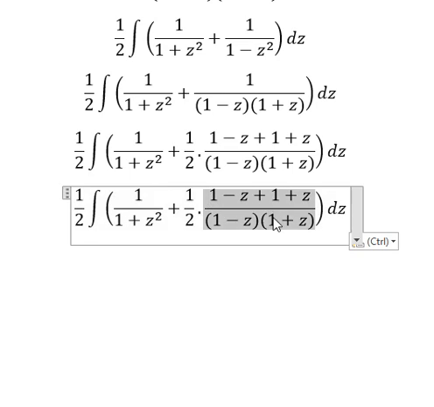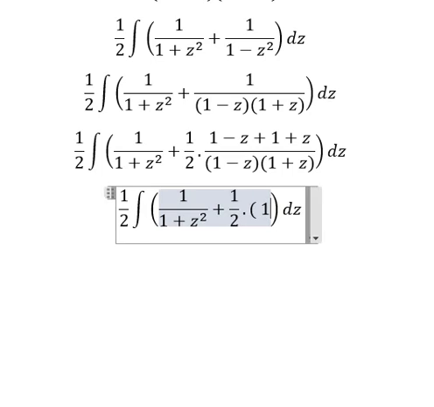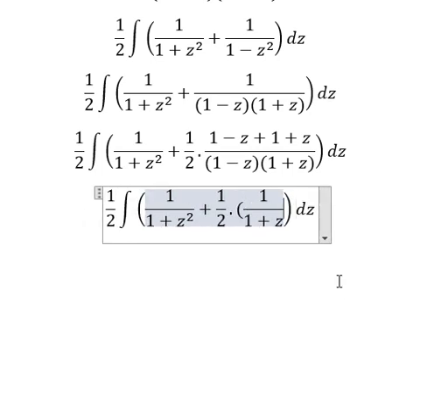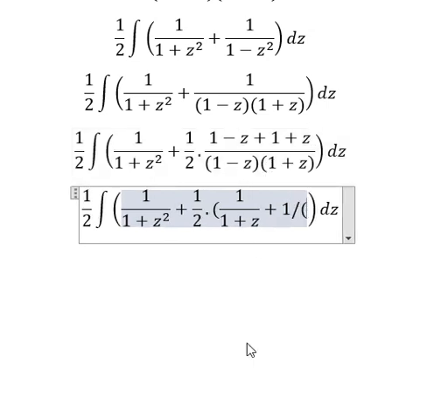Next, 1 minus z divide 1 minus z, you will get 1 over 1 plus z. Similar for 1 plus z in here, we divide with 1 plus z you will get 1 over 1 minus z.